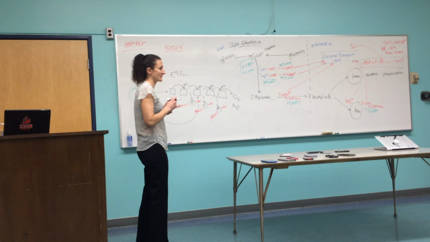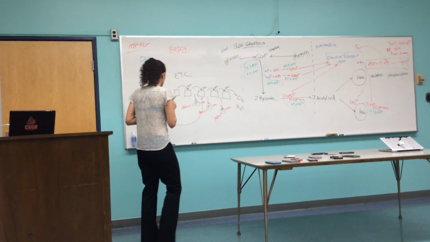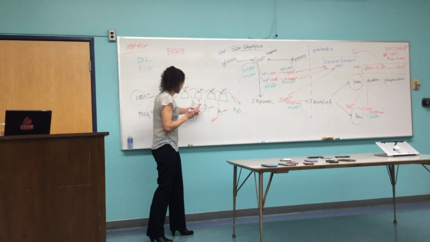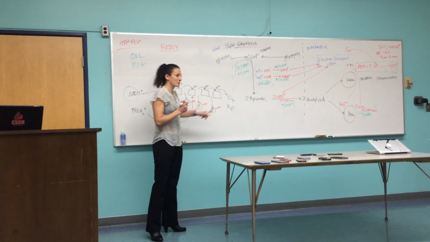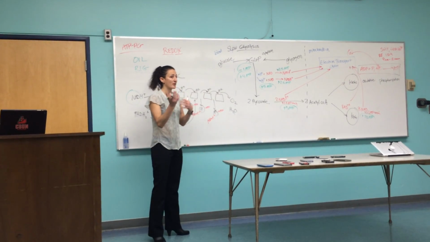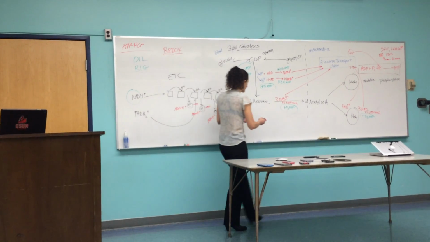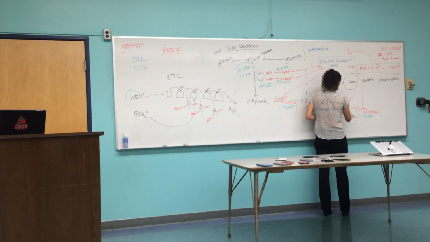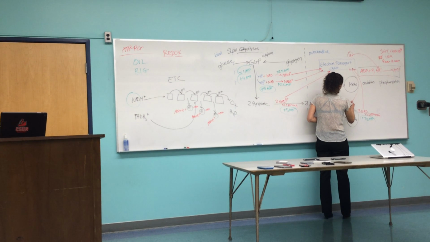Okay, you'll get more detail about that in 446. So that means, if you look at this, the FAD is coming in here, and it's going to create 2 more ATPs after that. But because of all the metabolic processes happening, we're going to say that each FAD is going to give you 1.5 ATP each.